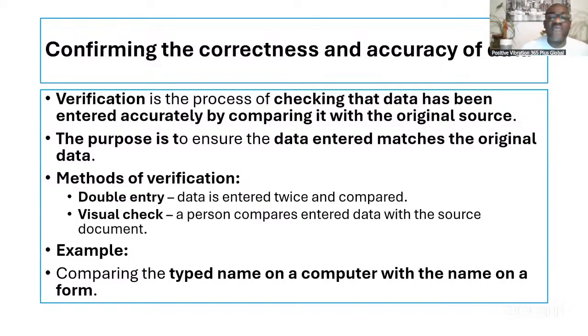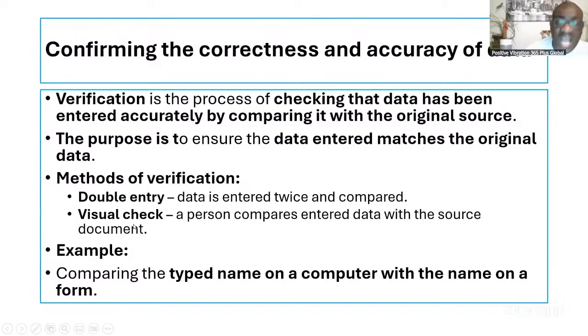It is then verifying that what you entered the first time is what you intend to enter the second time. So this one is about correctness, all right? And that process is actually called double entry. With double entry, data is entered twice and compared to make sure that it is correct. Now, another way that we can verify information is through visual check.